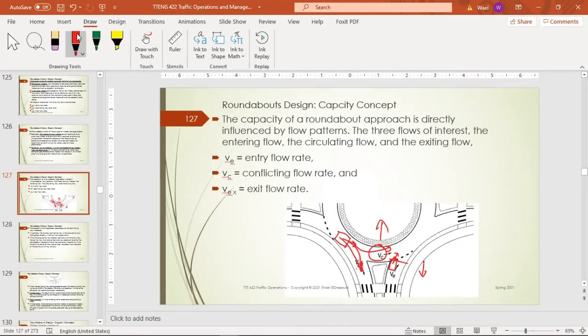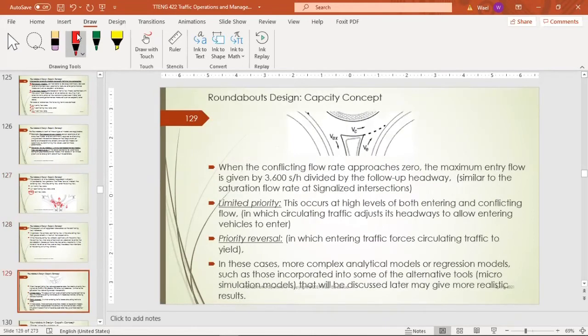So again, the exiting volume plays a role in affecting the capacity of the approach. When the conflicting flow rate approaches zero, the maximum entry flow rate is basically 3600 divided by H, where H is the follow-up headway. That's similar to the saturation flow rate, by the way.